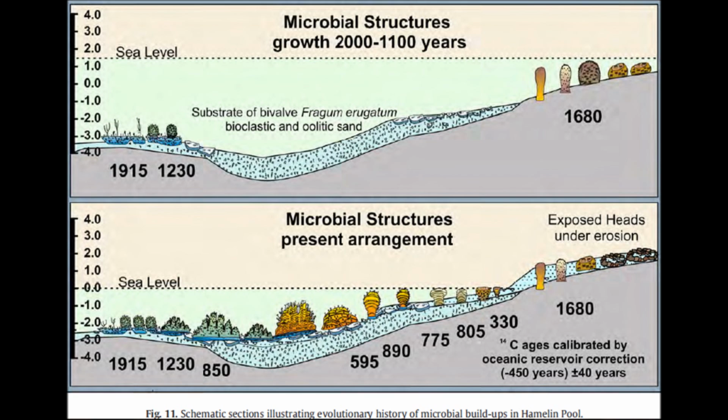This diagram shows the microbial growth in Hamelin Pool over the last 2,000 years. Sea levels dropped in Hamelin because of two different things.